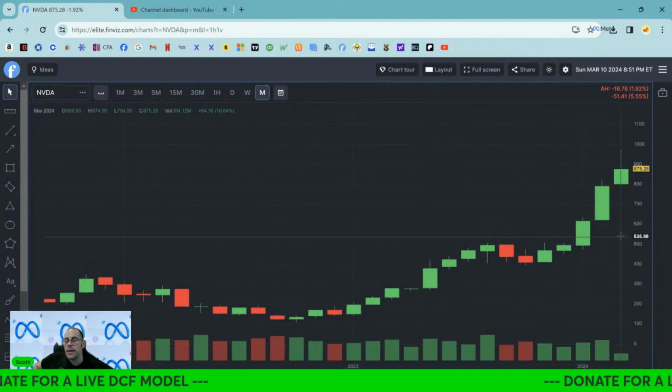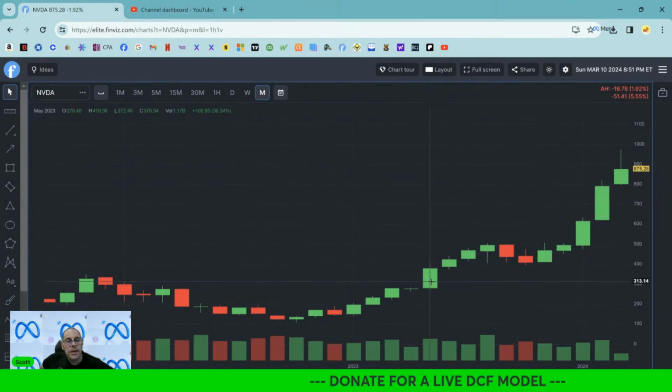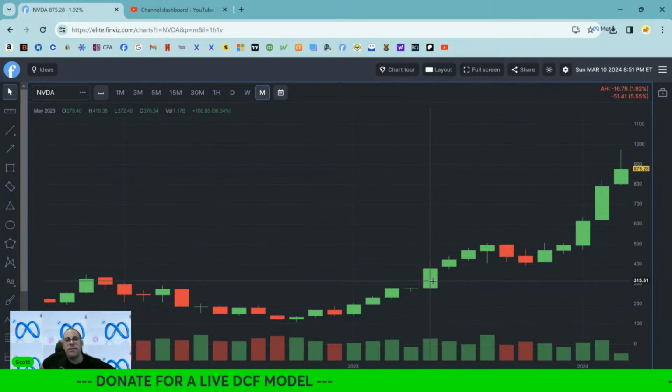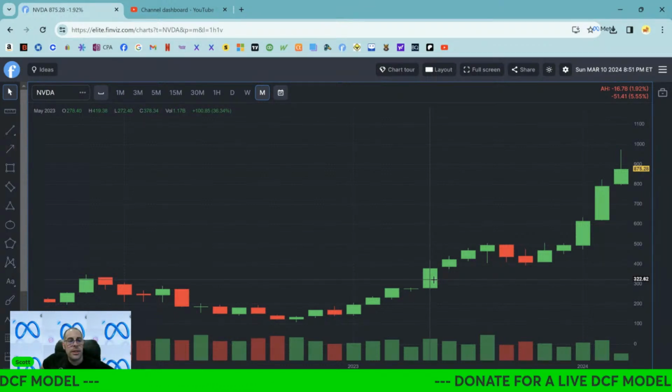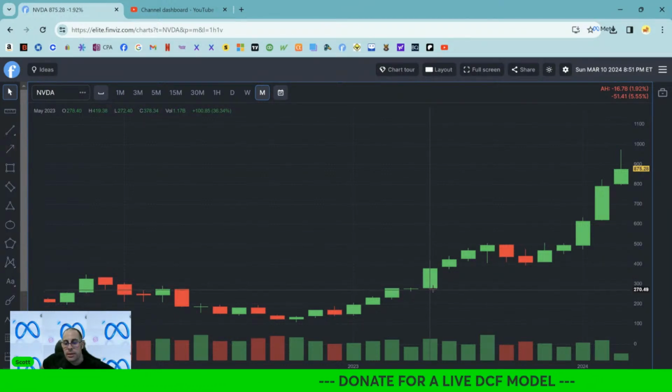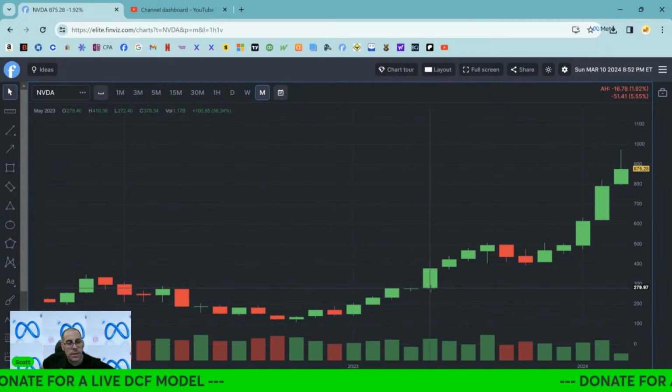Candlesticks gives you more information. If you look at May 2023, in the top left corner of the screen, you can see the opening and closing. It opened down here at 278 for the month.